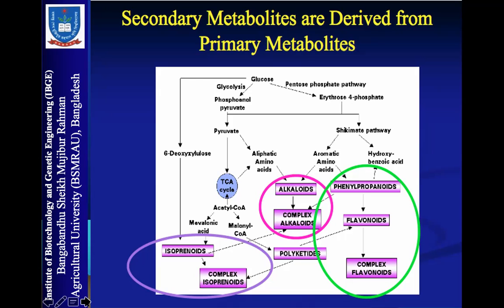So photosynthesis basically has two phases. One is light reaction, another is carbon synthesis or dark reaction.